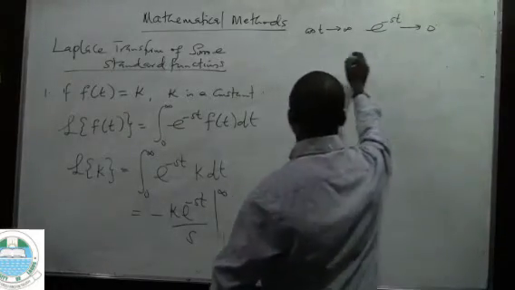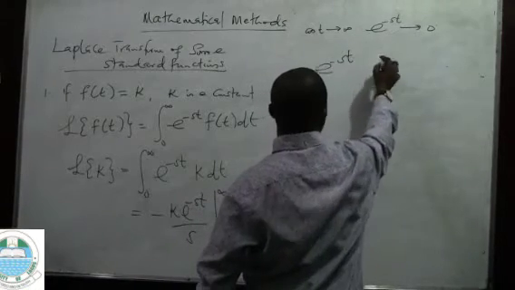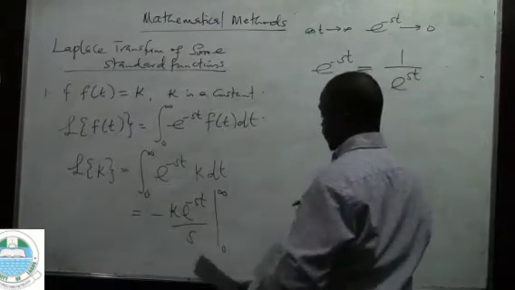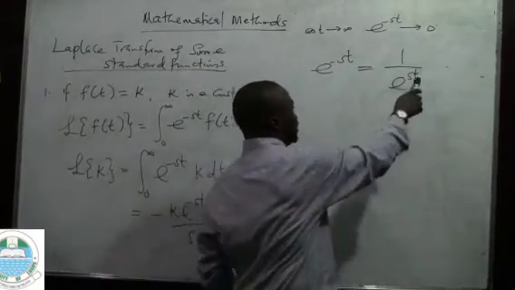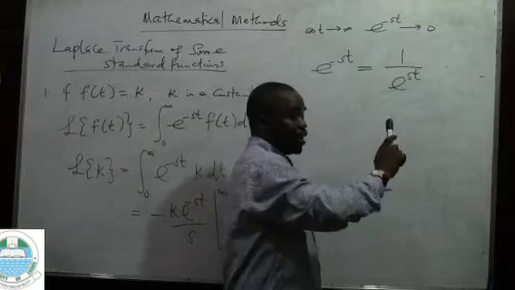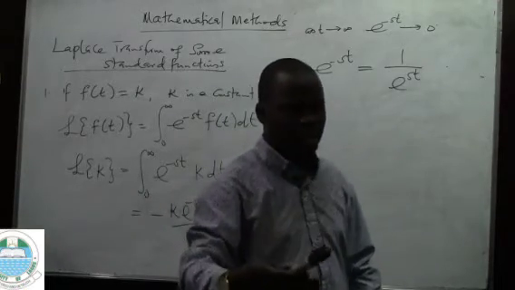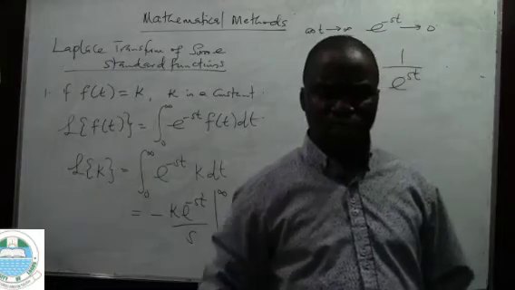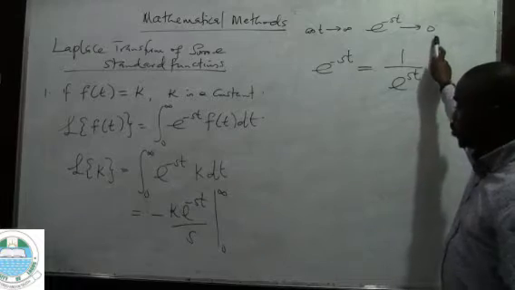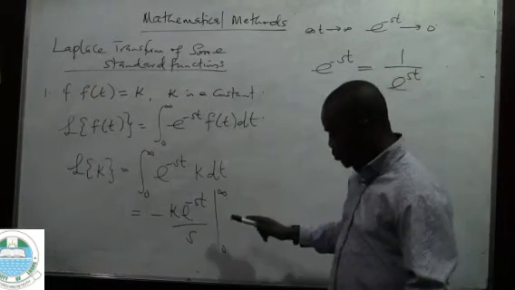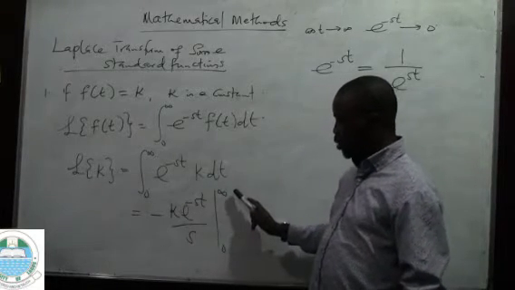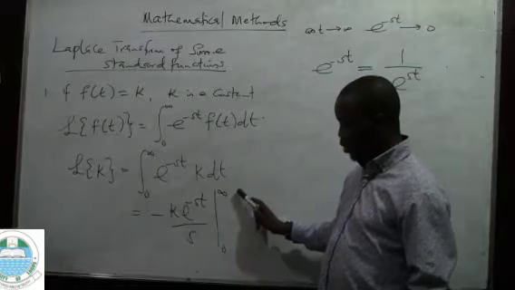What I mean is exponential minus st, from the law of indices, is 1 divided by exponential st. As t is getting arbitrarily large, the denominator is also getting larger and larger. And from what you have learned in elementary school, the higher the denominator of a fraction, the lower the fraction becomes. This will be moving towards 0. So with respect to the limit, the whole of this expression is going to become 0 as t approaches infinity.